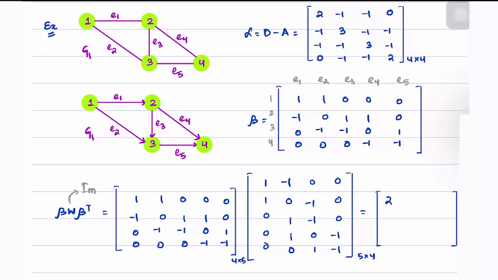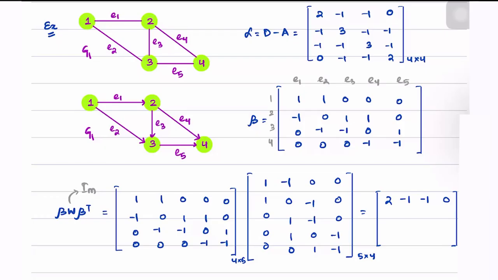This comes out to be 2. Then we multiply the first row with the second column of B transpose. And what we get is -1. Similarly, we get the third entry of the first row of the product also equal to -1. And the last one is equal to 0.